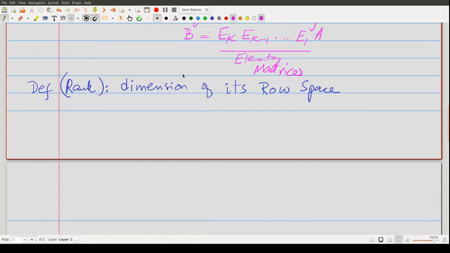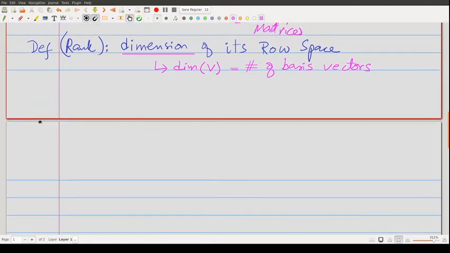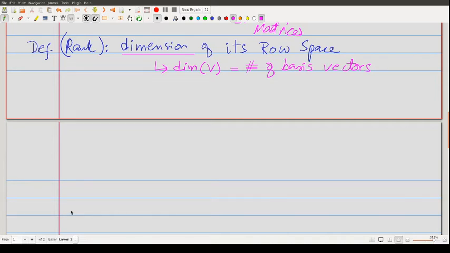Remember, the dimension of a space V is equal to the number of basis vectors. Okay, so that's the definition of a rank. You find the dimension of the row space, and that's your rank. We'll do an example in a bit to make it more explicit what we're talking about.